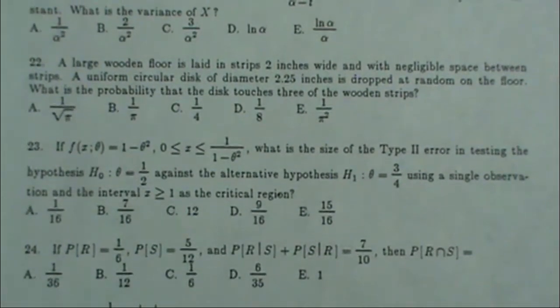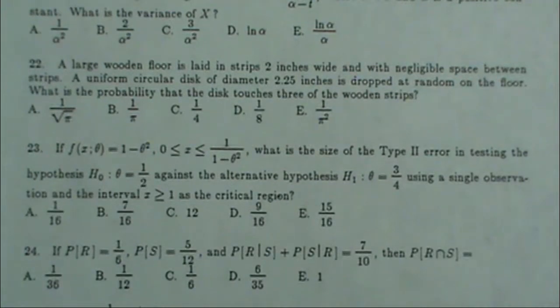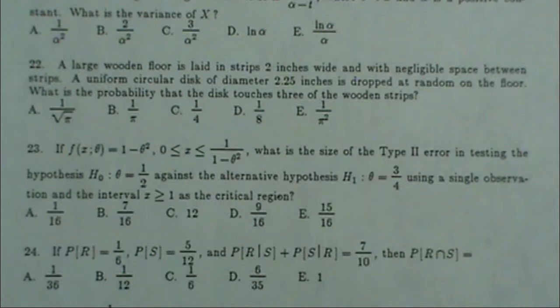If f of x given theta is equal to that, what is the size of the type 2 error in testing the hypothesis that the null is theta equal 1/2 against the alternative that theta is equal to 3/4 using a single observation and the interval x greater than or equal to 1 as the critical region?